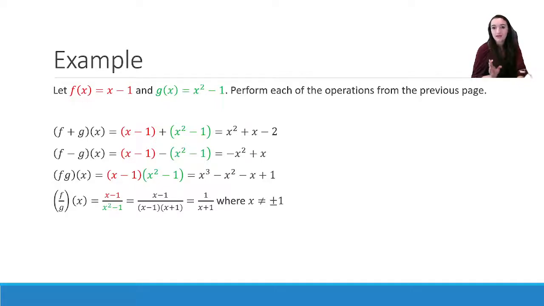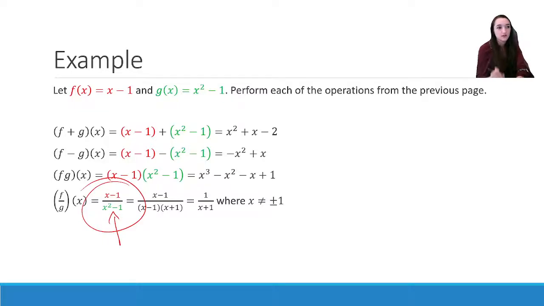But I made a note of the domain of the original before doing that cancellation. So this is just sort of a quick look at something we're going to explore a lot further in Chapter 2 when we deal with rational functions, doing that simplification and what exactly that means. But just make a note that when we talk about domain, we want to talk about it for the original function right here, not the simplified form.